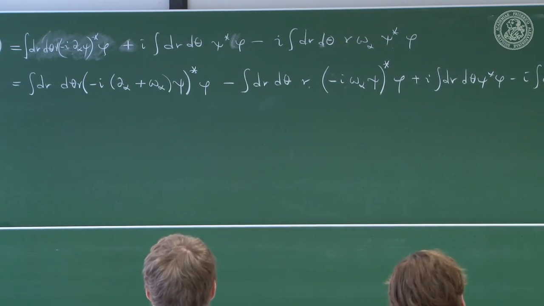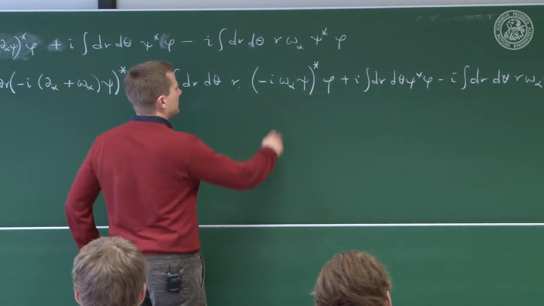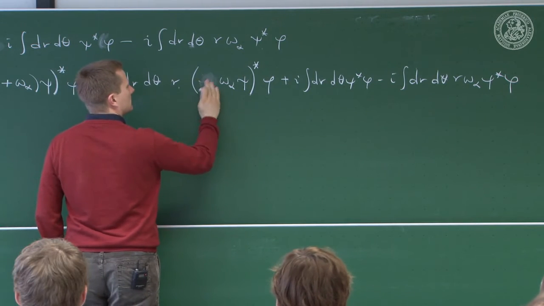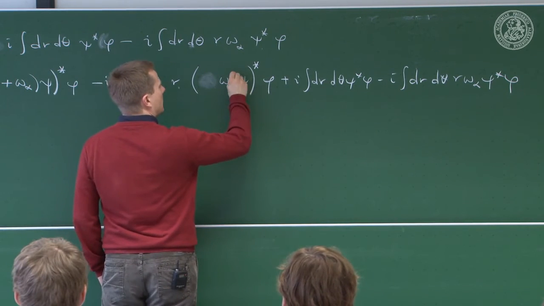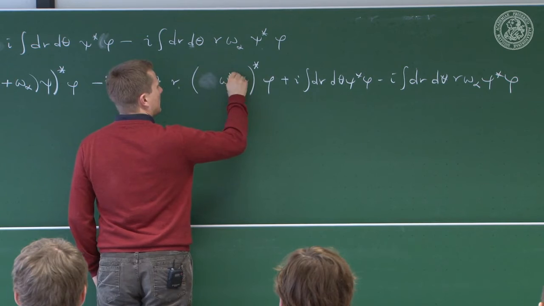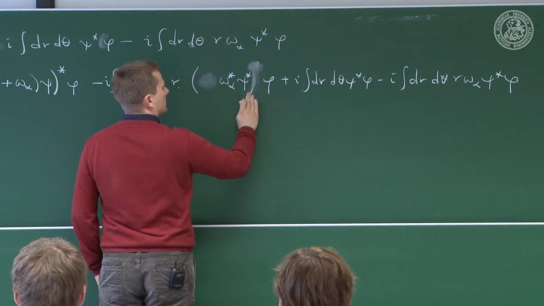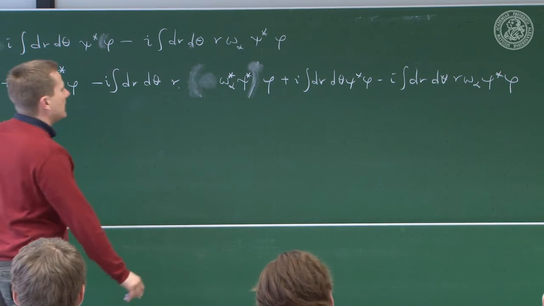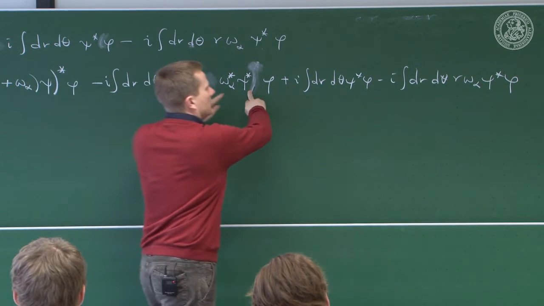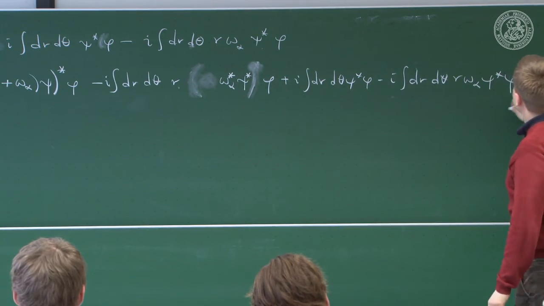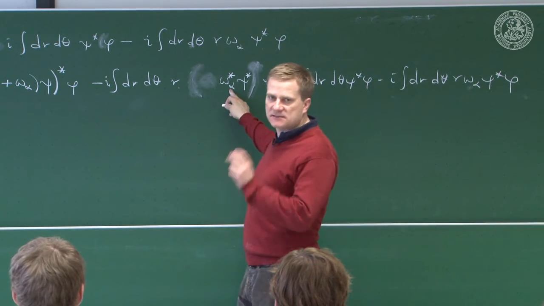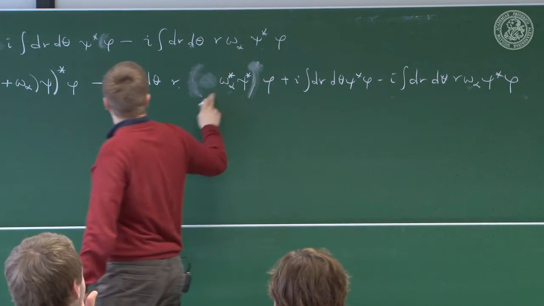Aha. So now the whole thing presents itself somewhat differently. I have a minus I that's being starred, that's a plus I, which I take to the front here. Now I write this as an omega star psi star, because that is what it is. Okay? So I have this guy here. And now I see that this term and that term, they're the same up to the fact that here's an omega, an unstarred omega, and there's a starred omega. Okay?